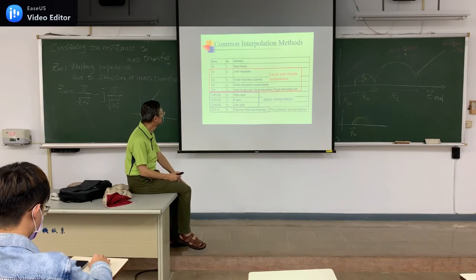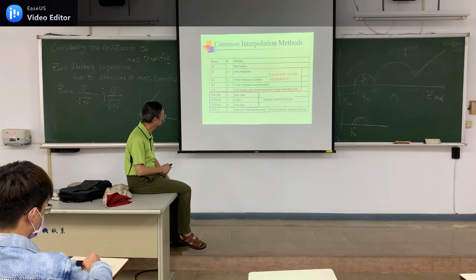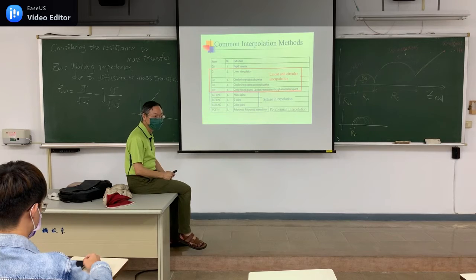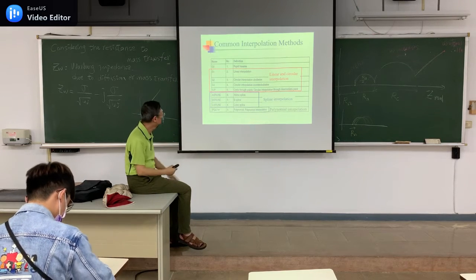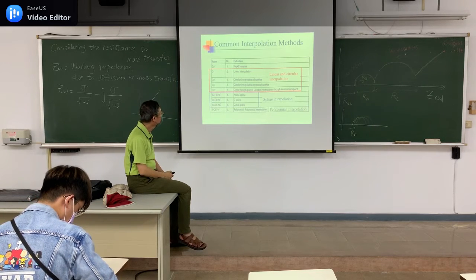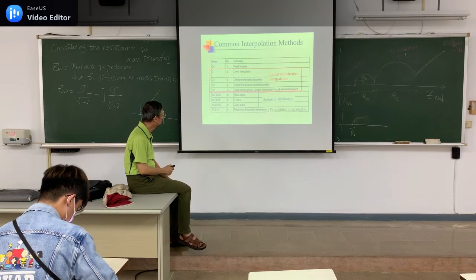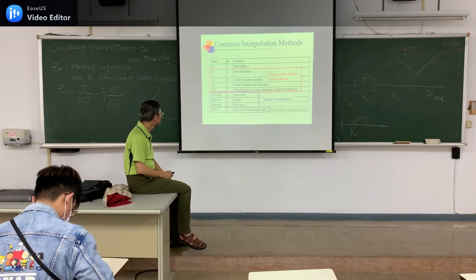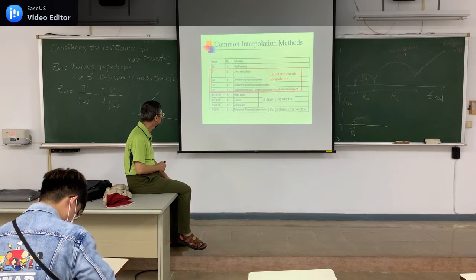And there's another one, CIP. It's a circle through points. In other words, circular interpolation through the intermediate point. They also provide so-called spline interpolation, including the A spline, B spline, and C spline.